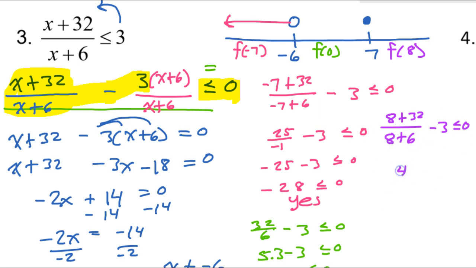So that's going to be 40 over 14. Okay, let's see, 40 divided by 14. So that's 2.8.